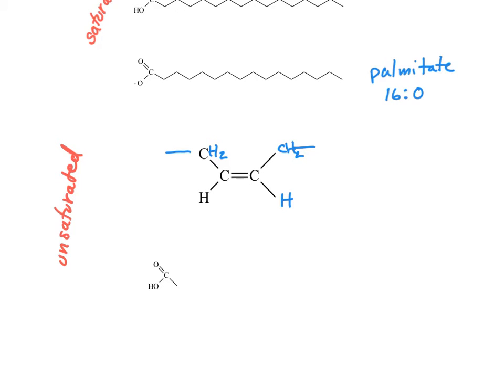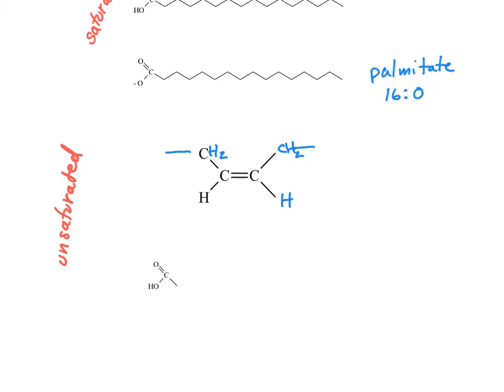It simply means that when you have a double bond between two carbons, the next carbons in the chain are on the same side of that double bond as opposed to the opposite side, which would be trans. Now you may have also heard of trans fats, and those are what they sound like. They are fats that have trans double bonds rather than cis double bonds. But those are typically artificially made in an industrial food processing way, and the ones that we have naturally tend to be cis double bonds.